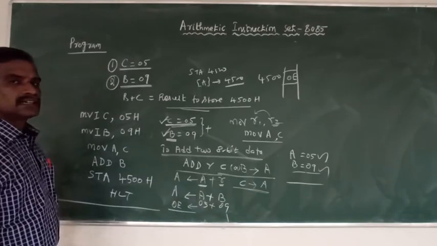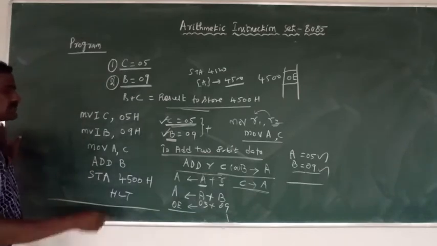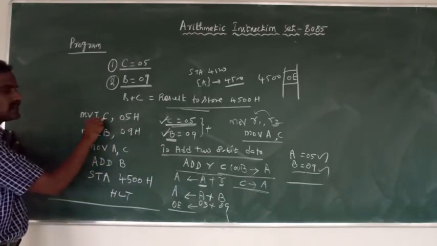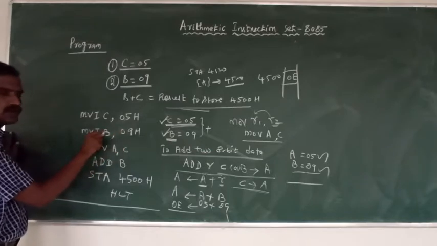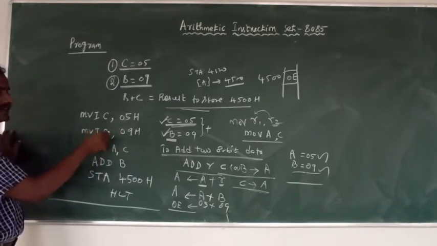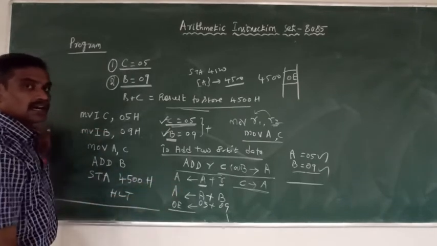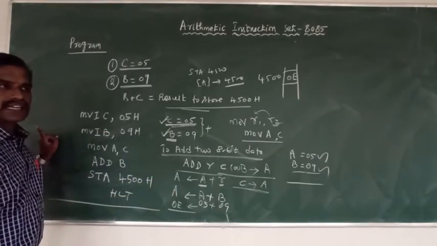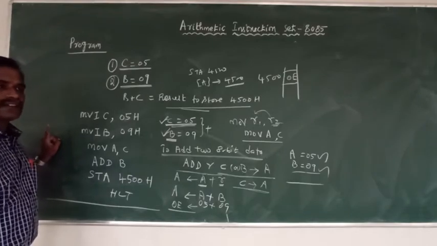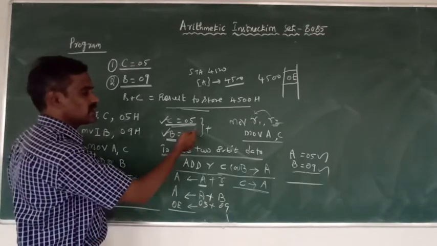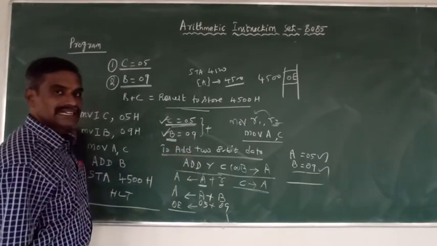To add these two data, one data is always in the accumulator, and the second data will be any one of the 6 general purpose registers.